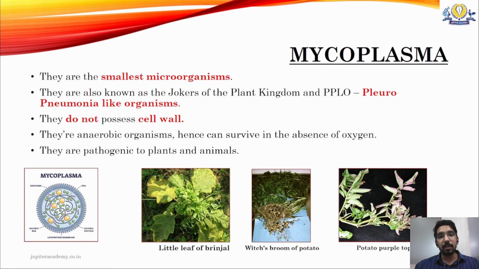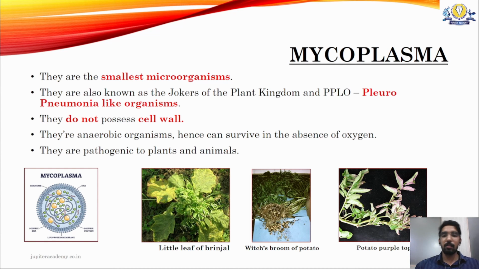The final group under Eubacteria is Mycoplasma, which form the smallest microorganisms among all living cells. They are also known as the jokers of the plant kingdom because they exhibit characteristics of different organisms.